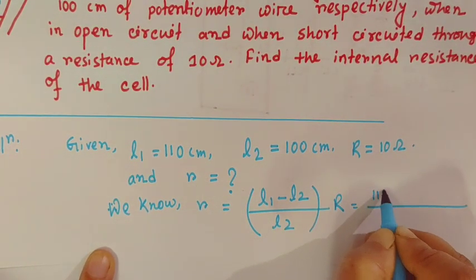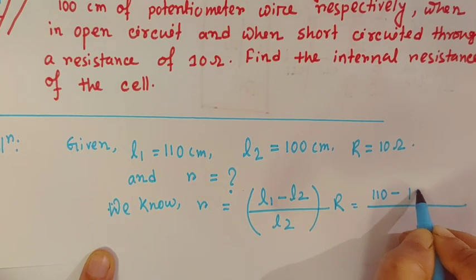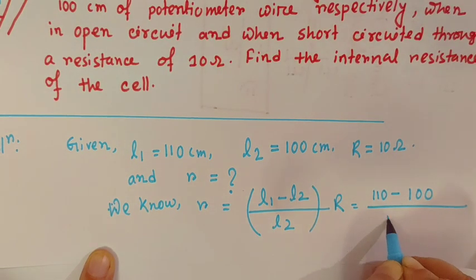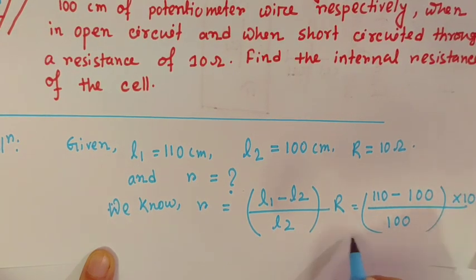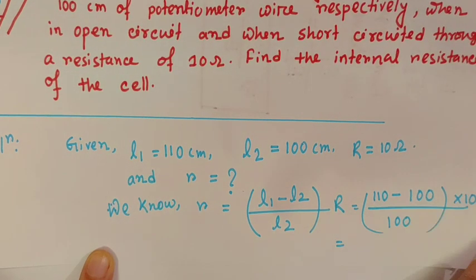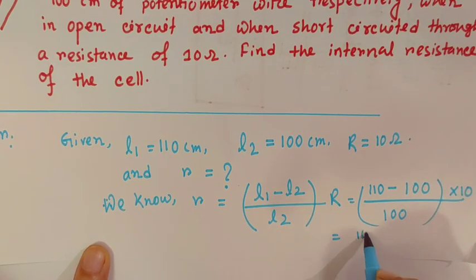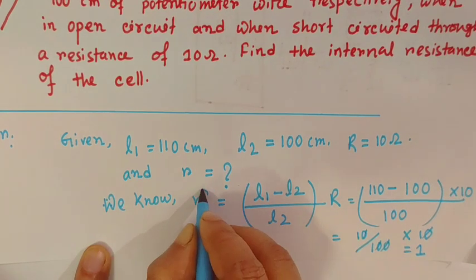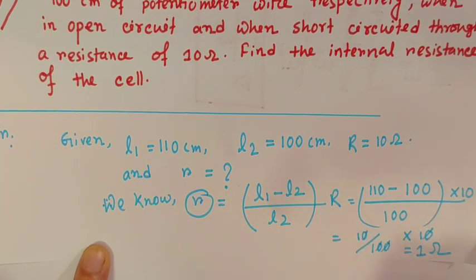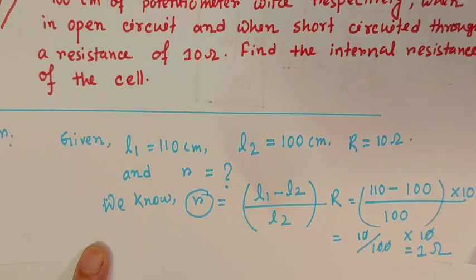L1 is 110, L2 is 100, again L2 is 100, multiplied by R is 10. So 110 minus 100 means 10 by 100 into 10. So finally we will get 1. And what is the unit for resistance? Ohm. So our answer is 1 ohm.